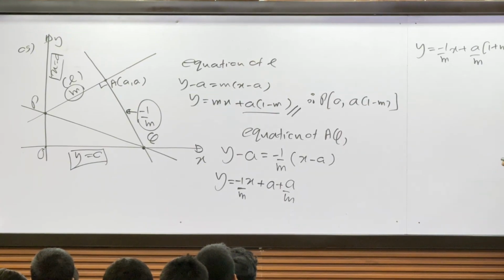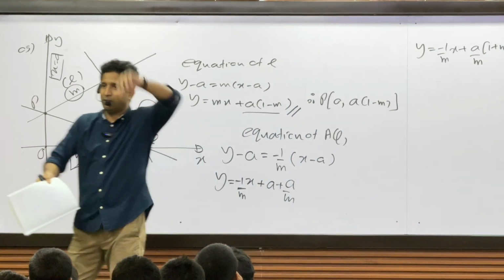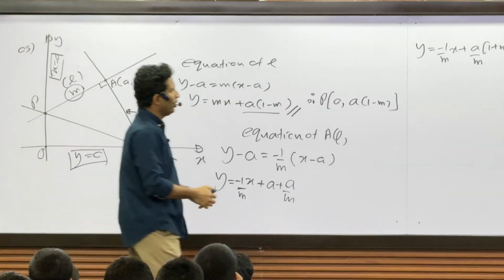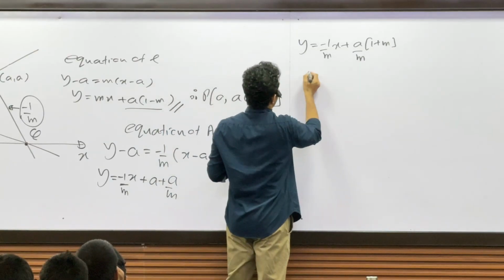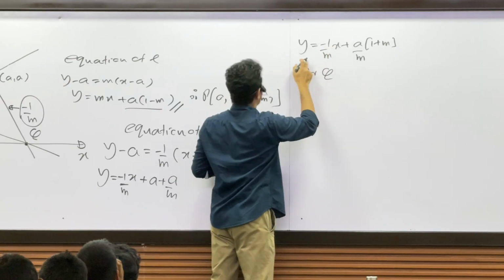Right. Now here, see, this is the equation of AQ. Now you can find the coordinates of Q. You know that the y coordinate is 0. You make y 0, then you can find what x is.